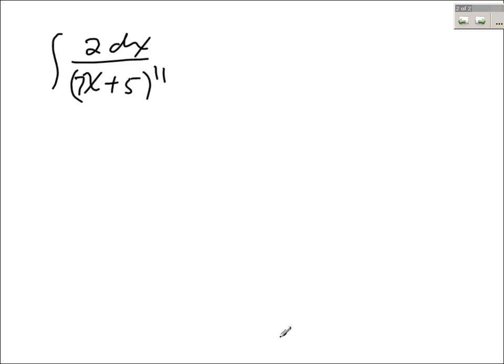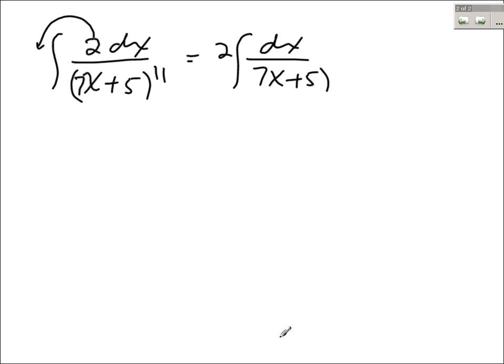What I would do, just my style, is bring the constants out in front immediately. If I need a constant, I'll put the one that I need in there. If I need a 2, well, I can put the 2 back. I'll let u be what's being raised to the power, 7x plus 5.